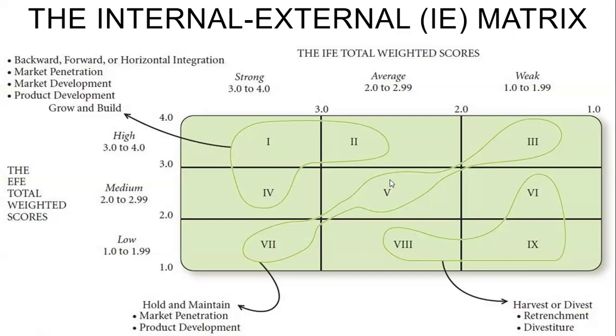Now, if you fall within the diagonal, which is the hold and maintain, its accompanying strategies are market penetration and product development, with the hope that such strategies will be able to intervene and help convert the weaknesses of the organization into its strengths, whilst capitalizing on the opportunity that exists out there.